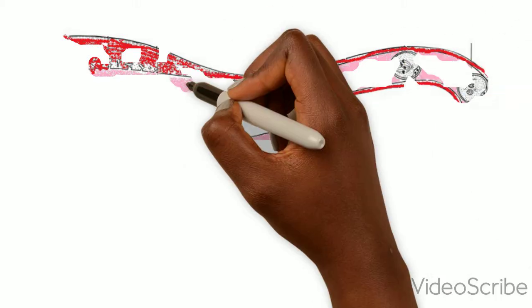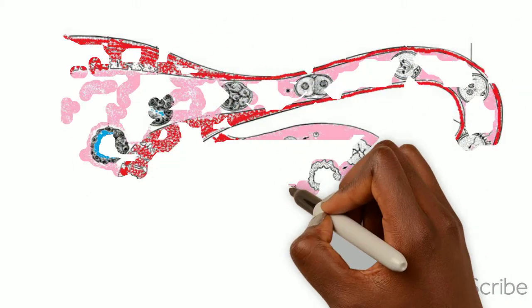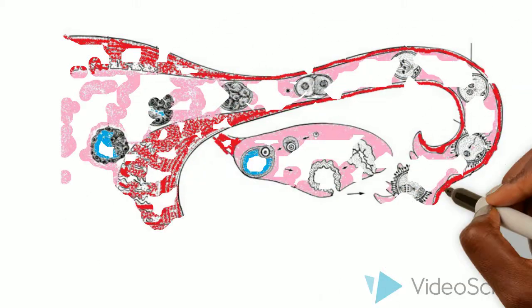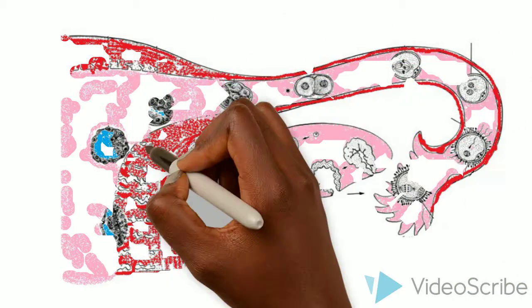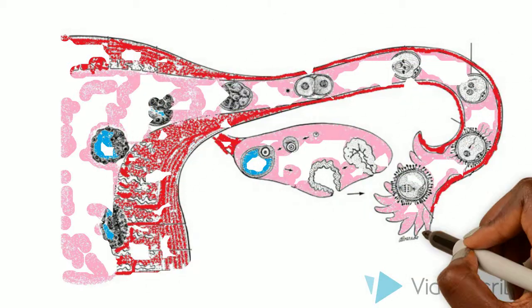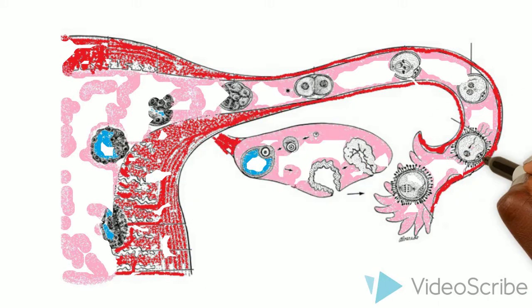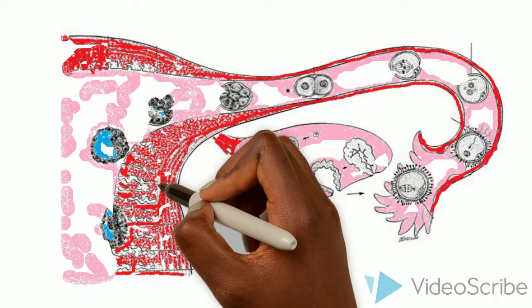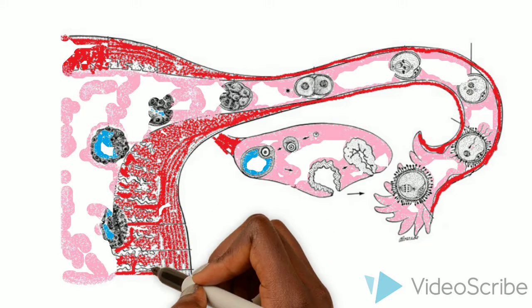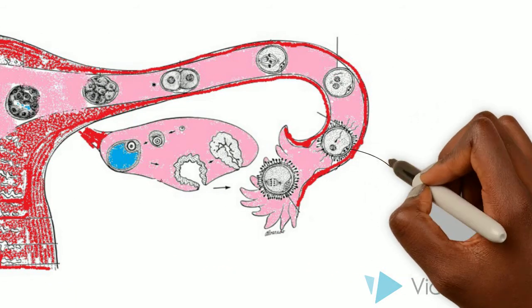To start us off, let's quickly remind ourselves of the events that precede this invasion. It's important to note that there are very important stages that can be seen in this photo, but we're not going to talk about all of them as they are not important for this video.